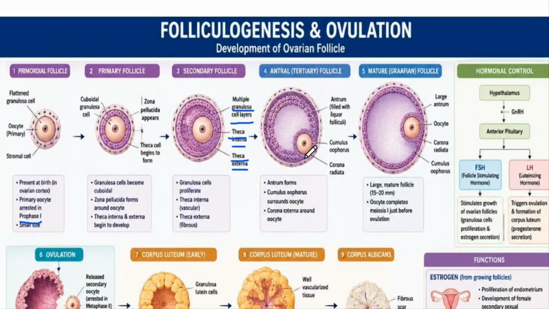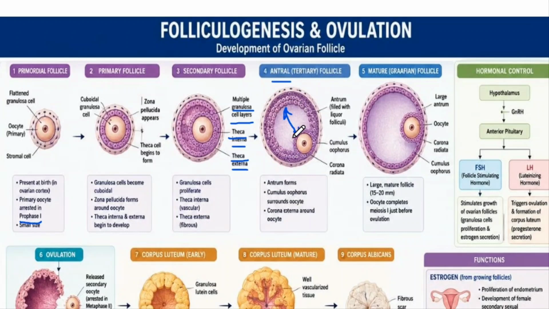For the cavitary follicle, as the follicle continues to grow, small fluid-filled spaces appear, here, and merge to form a large cavity called the antrum. This stage is known as the cavitary follicle or antral follicle.